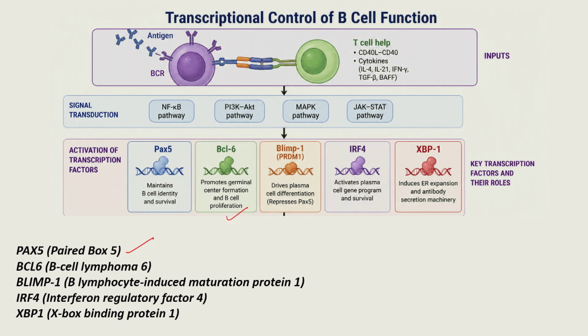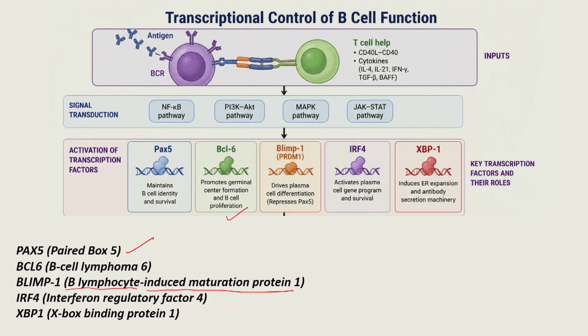Third one is BLIMP1, which is B lymphocyte induced maturation protein. If you critically look into the name, it's a B lymphocyte induced maturation protein. So basically it helps in the maturation of B cell, and it can drive plasma cell differentiation.